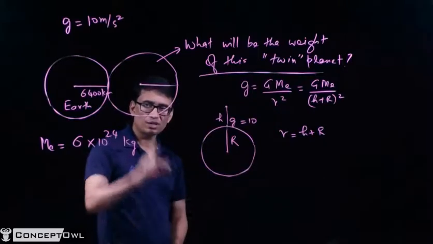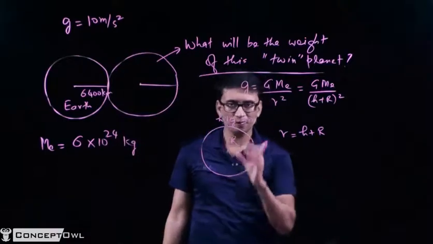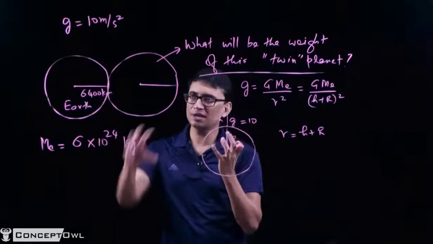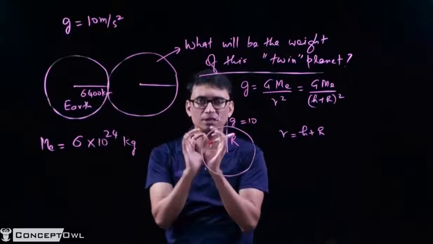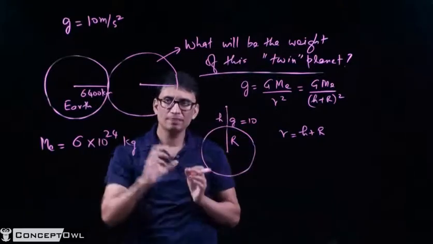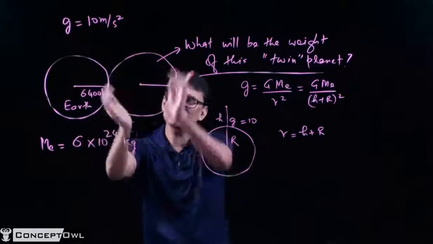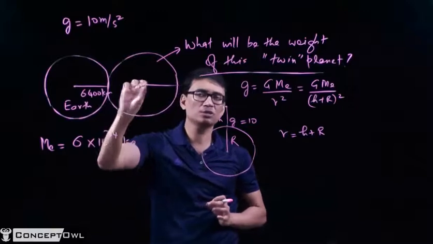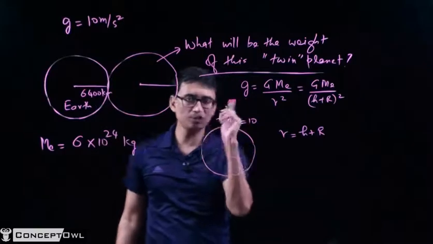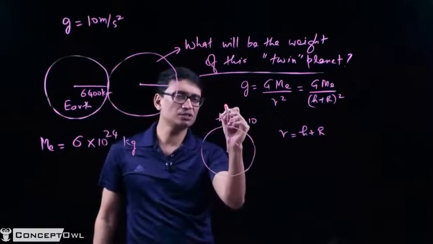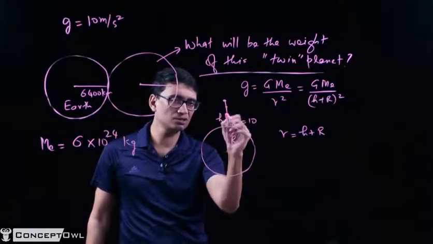Now if we use this, we can solve this problem very easily. How do you do that? For this planet, there is a property that if you have a uniform density sphere, then to calculate the force of gravitation, we can treat it as if, outside that sphere, all the mass was located at the center. So I can treat this planet as a point mass at a distance r from here.